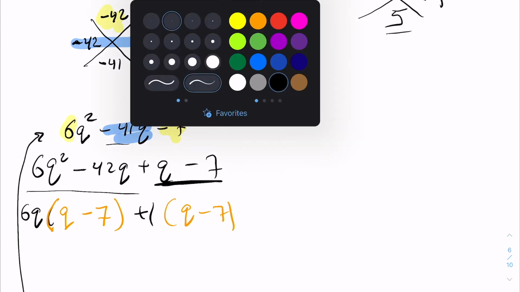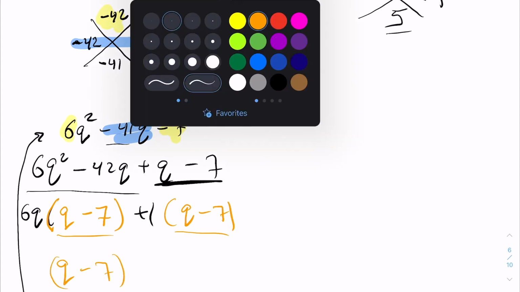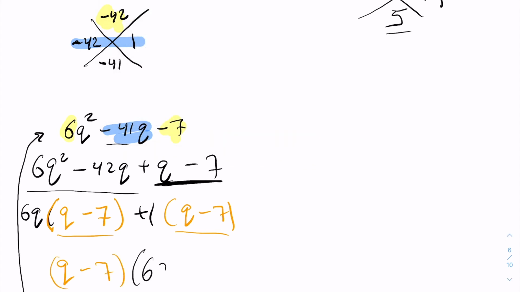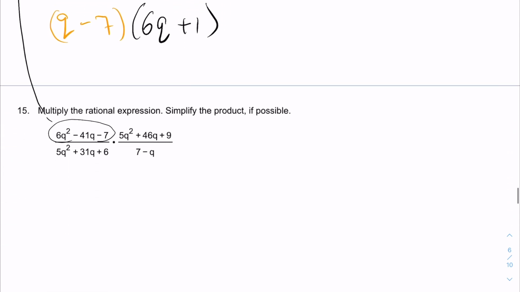So we have our grouping, which is common, which factors out. And what's left is 6q plus 1. So now we just found out that the numerator is q minus 7 times the quantity 6q plus 1.